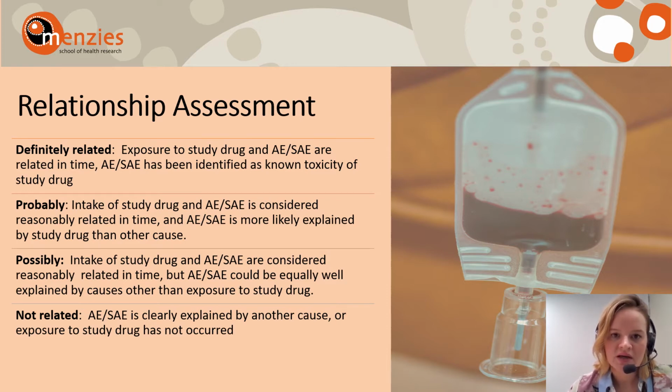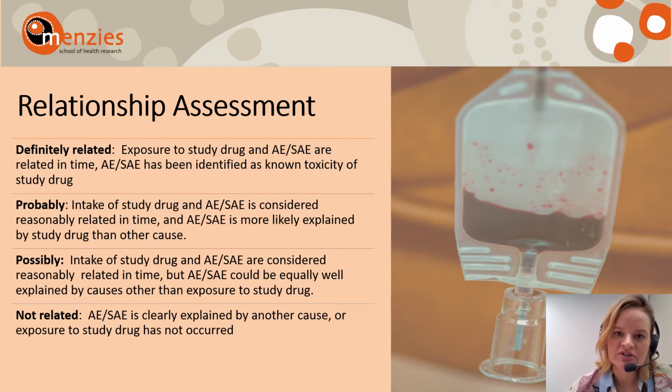Probably a causal relationship exists when the event is known or a suspected effect of the drug, whether documented or not, and follows a reasonable temporal sequence from drug administration. It ceases or diminishes with discontinuation of the drug and cannot readily be explained by study factors or personal participant factors.